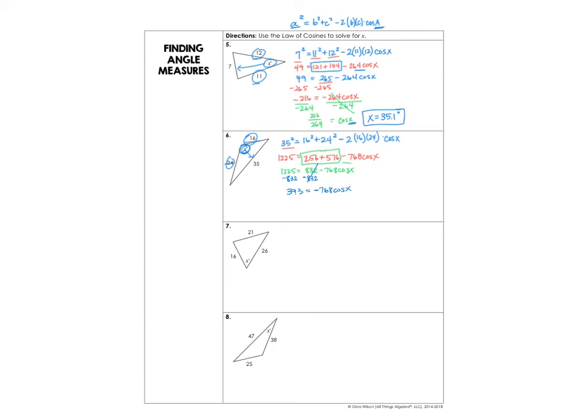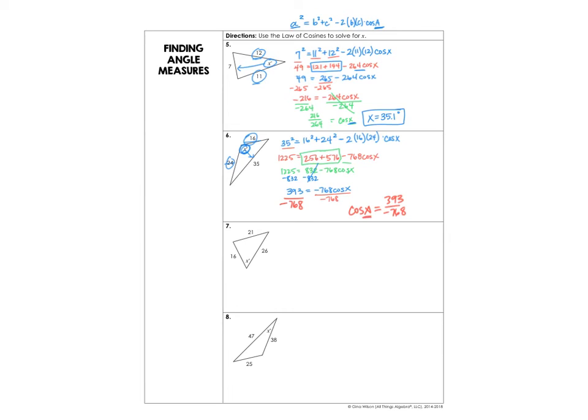Be careful, just because that's got a negative there does not mean that we add it, okay? It's connected to that cosine x, so we need to divide by negative 768. Now we need to do that on both sides. So we're going to get the cosine of x equals 393 over negative 768.